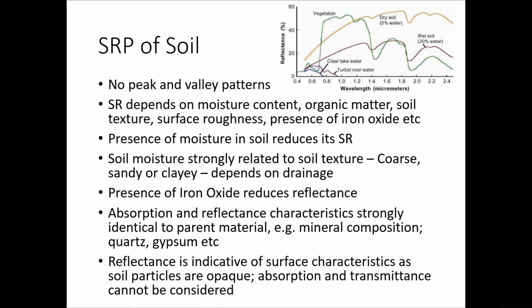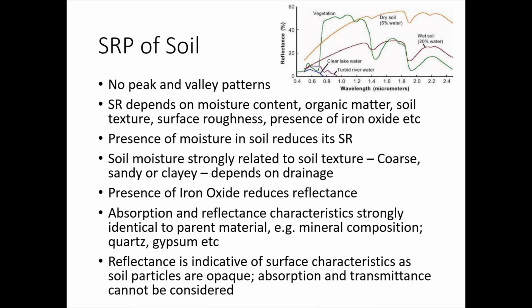Further, if there is iron oxide, that further absorbs some radiation, so that again it reduces reflectance. And absorption and reflectance characteristics are further strongly dependent on the parent material and its mineral composition. So quartz, gypsum, different soil types, depending upon its parent material, its absorption, reflectance, transmission, etc. will be different.